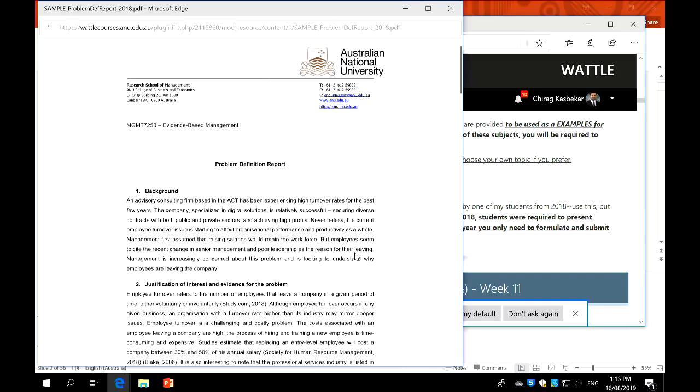In the background, you also say a little bit about what its assumptions are, right? What does it assume are some of the causes of the problem, right? What are the causes of employee satisfaction dropping, or its market share dropping? What are some causes that they think could be behind the problem?